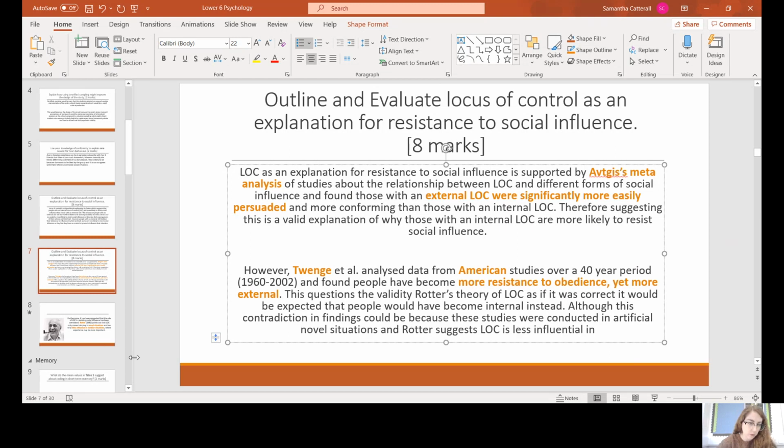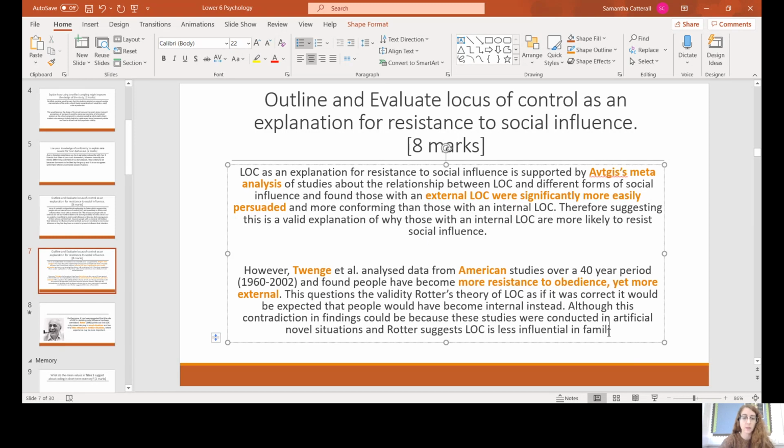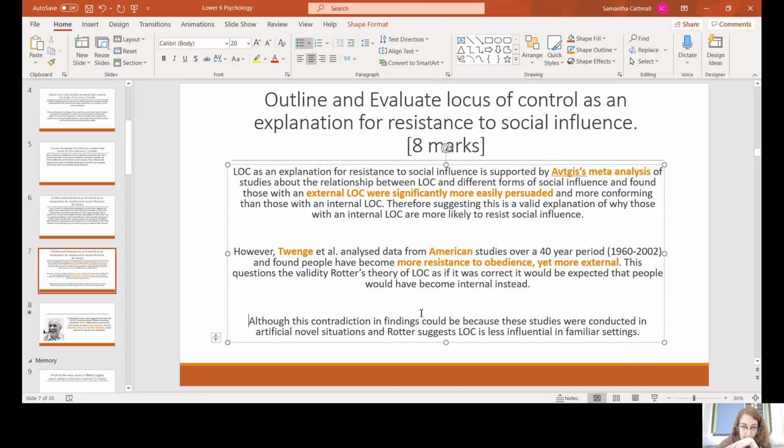Oh, in fact, that point doesn't go with that, does it? Because he's saying that it's less influential in familiar settings. So that actually, hold on. Because these studies were conducted in artificial novel settings. Well, if they're in novel settings, that would support the point, wouldn't it?